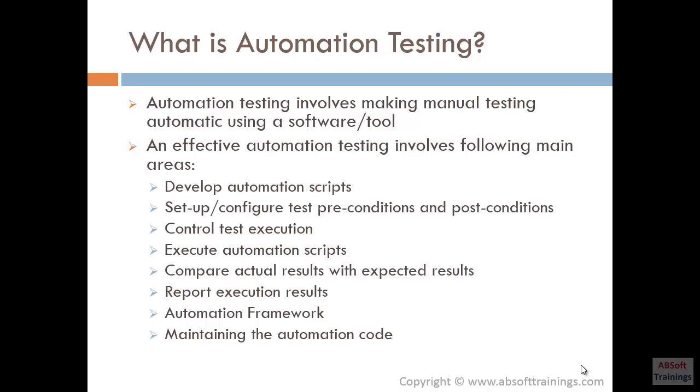So you need to prepare two buckets, one for automation testing, and one for the test cases I cannot automate. Then once you have recognized test cases for automation, you need to give them priorities. So these are my P1 test cases, these are my P2 test cases. You need to give them priorities.